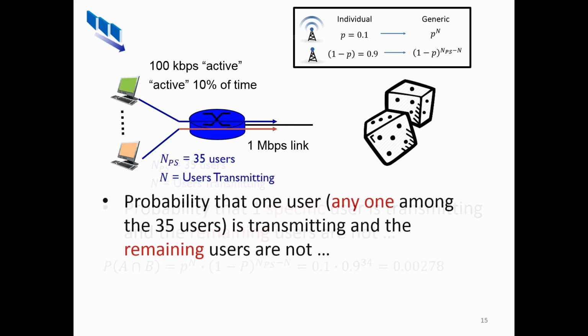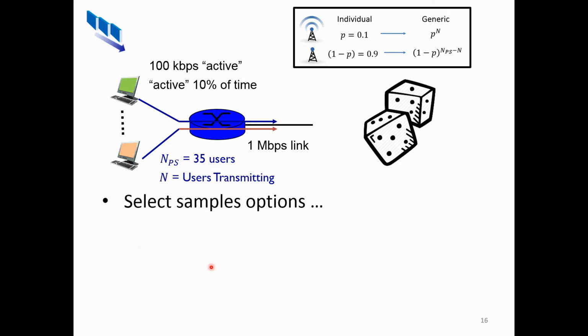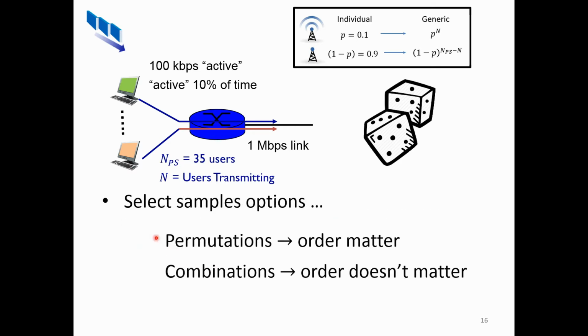But what if instead of one specific user, we want any other user transmitting among the 35 and the remaining users not transmitting? In this case, we need to find a way to select samples. There are two possible ways to select samples. The first one, permutations, where order matters, and the second one, combinations, where order does not matter. In this particular case, it does not matter the order of the user that is transmitting, so we're going to select the users using combinations.